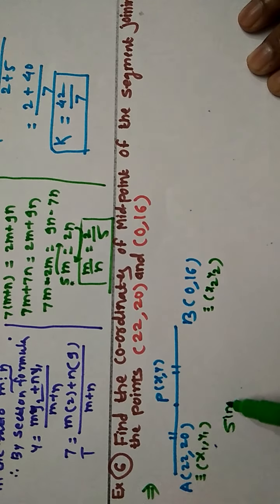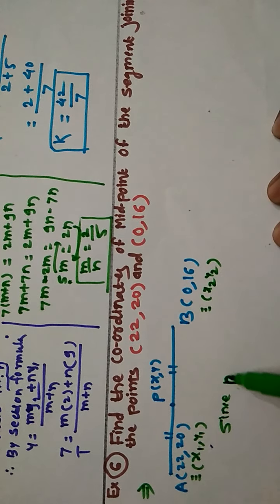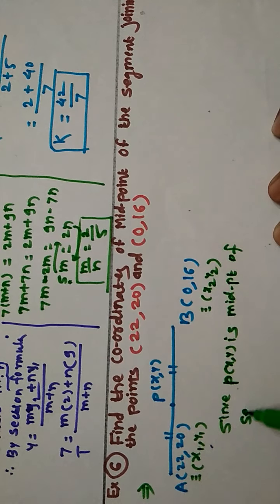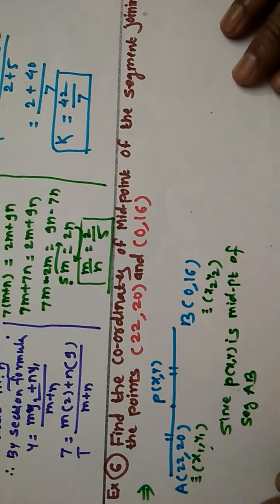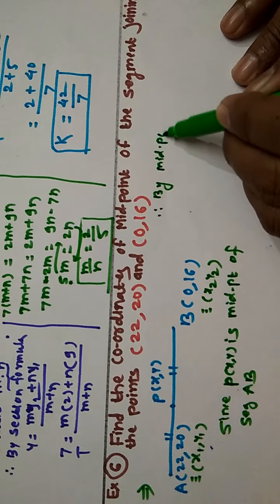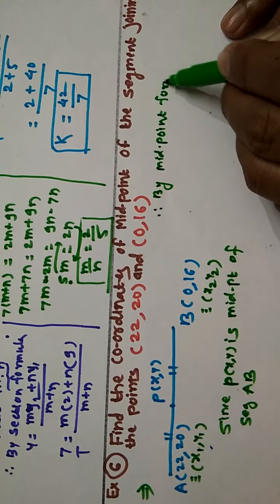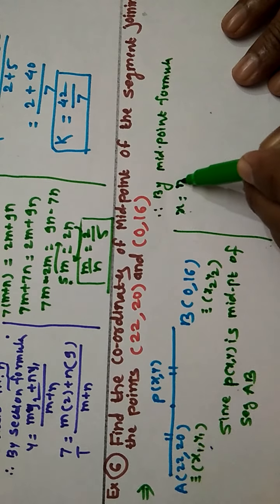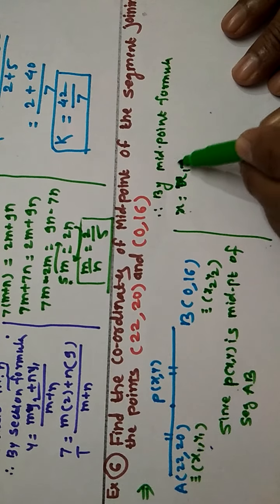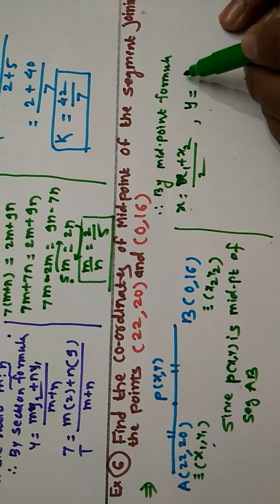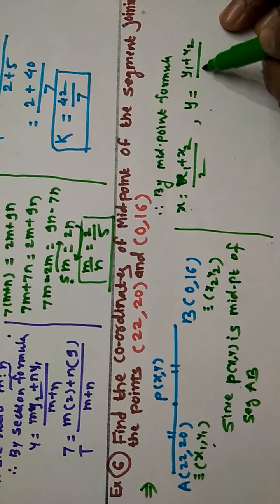Since P(x, y) is the midpoint of segment AB, therefore by midpoint formula, write down: x is equal to (x1 plus x2) divided by 2 and y is equal to (y1 plus y2) divided by 2.